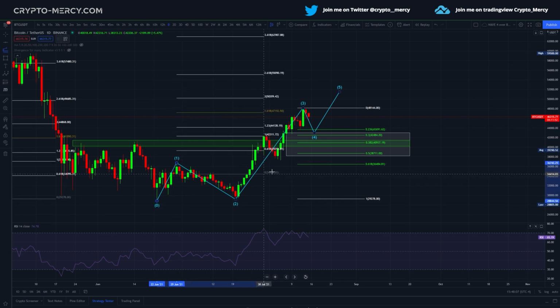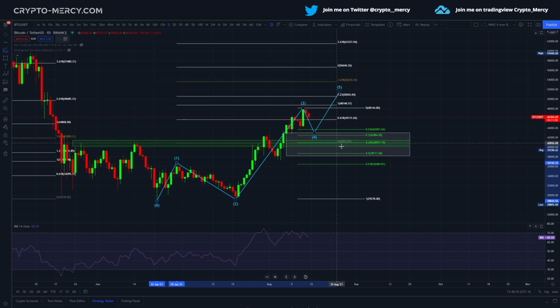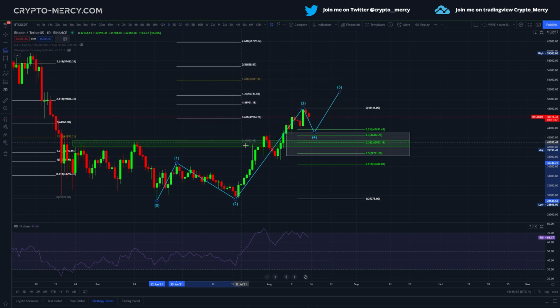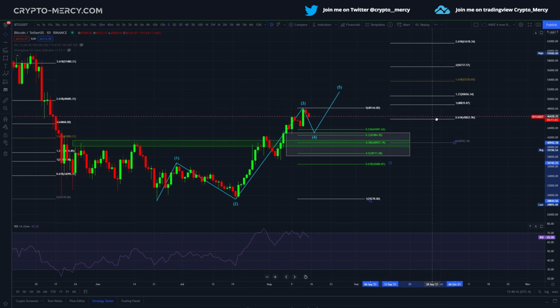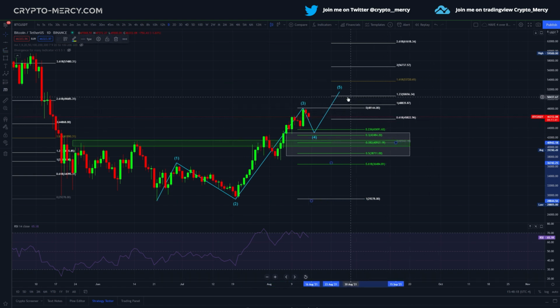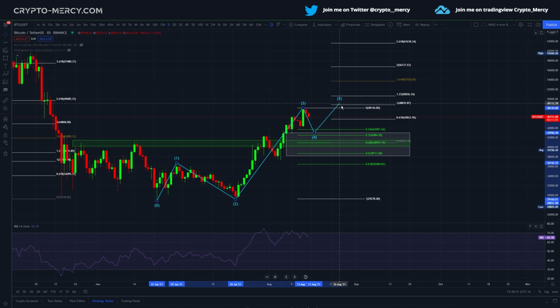Let's click here, and we retrace here. That's an example on the 0.382 at 41K. And now wave 5 most probable target will be 48,839 or 53,720.